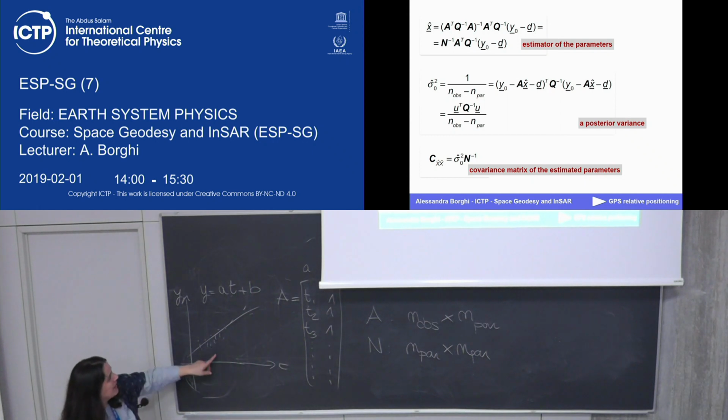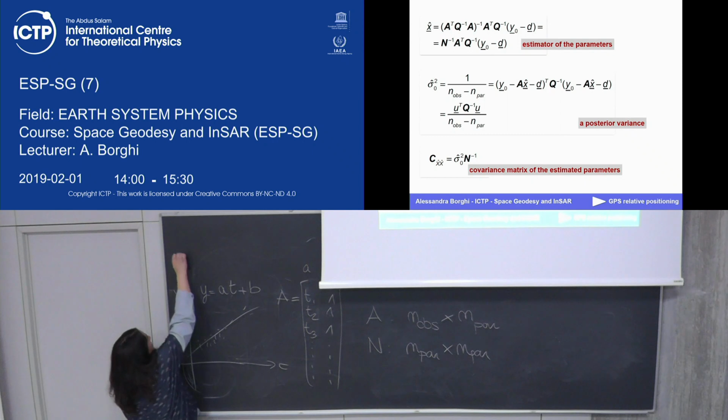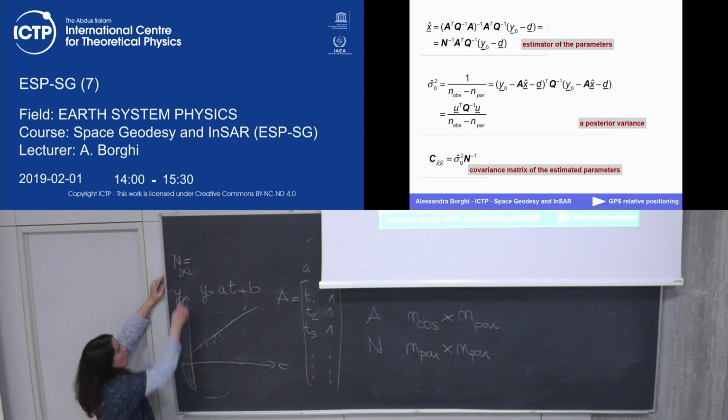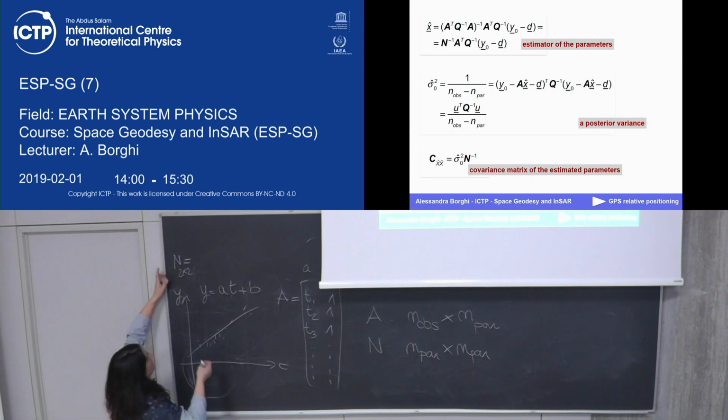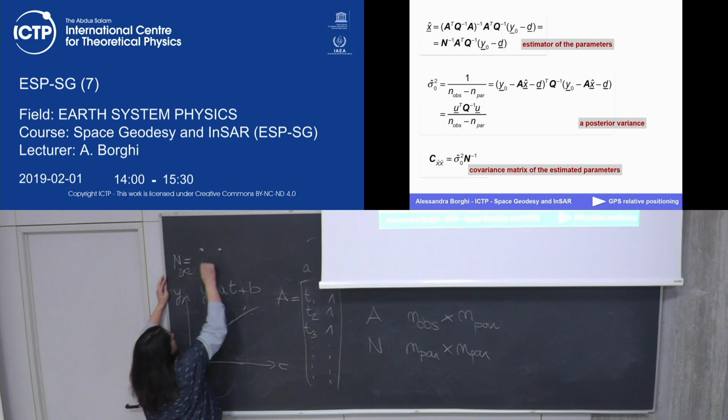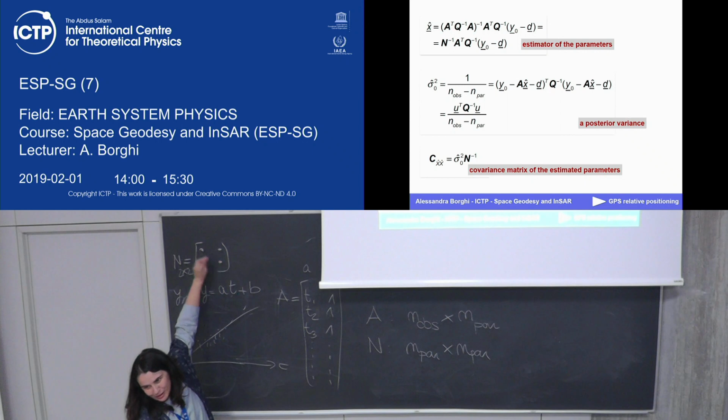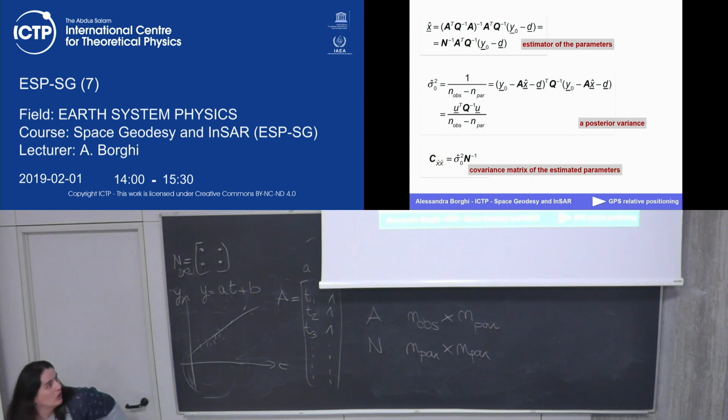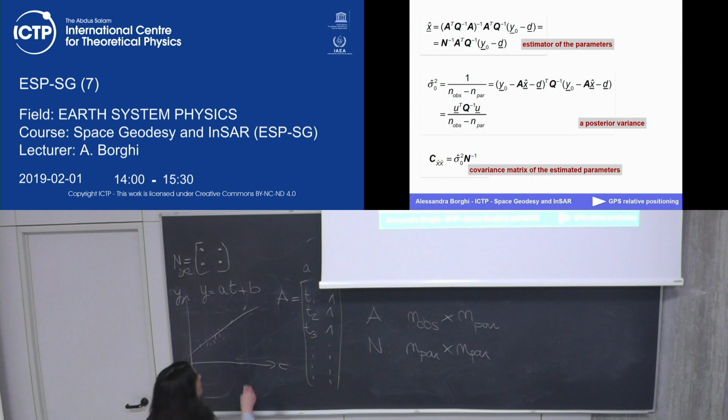The normal matrix in a regression case is a square matrix, 2 by 2. Of course, we have numbers inside, but it's a square matrix 2 by 2. In this case the vector d is equal to 0.